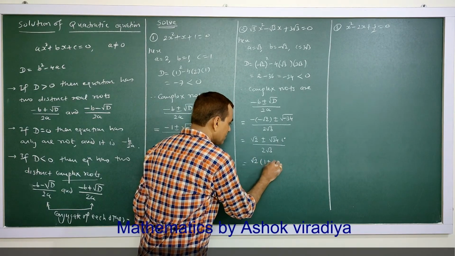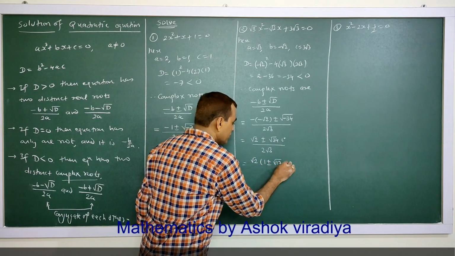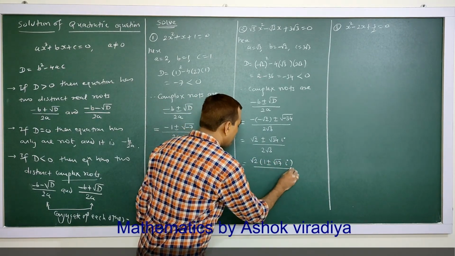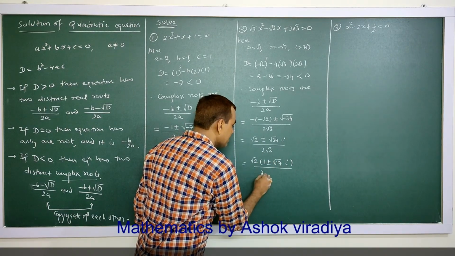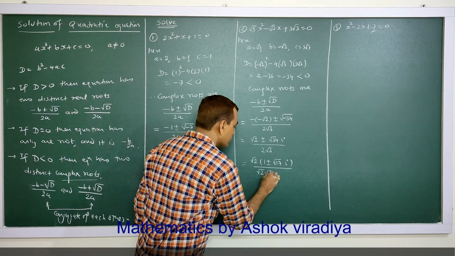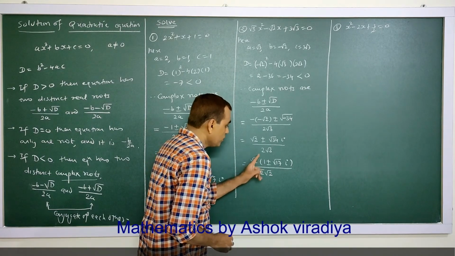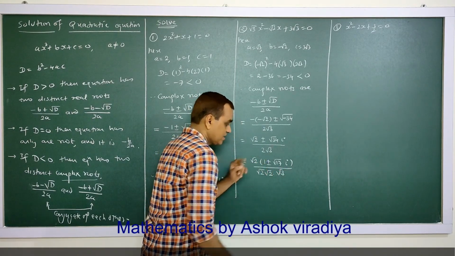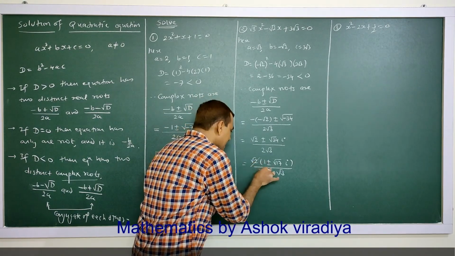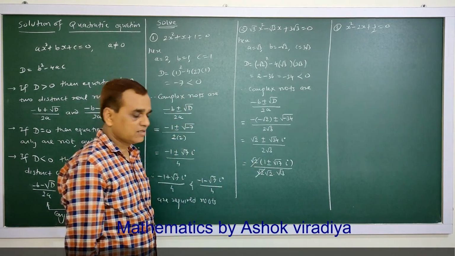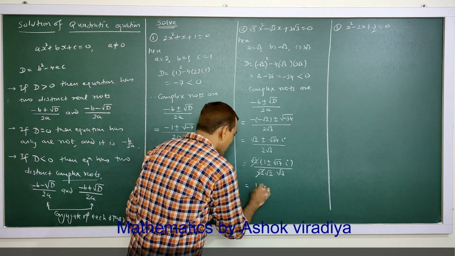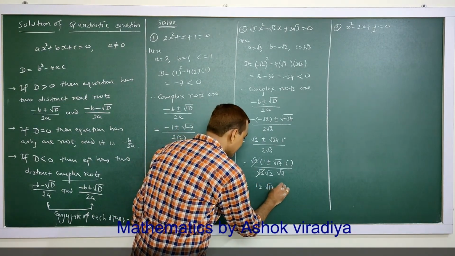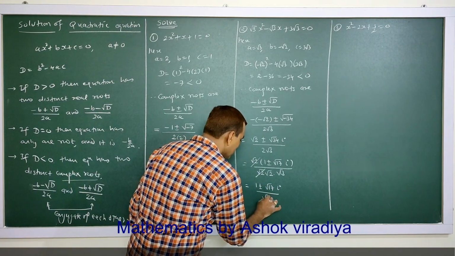So 1 plus or minus √17 i upon this 2, which can be expressed as √2 into √2, and √3 as it is. So this can be cancelled. So it is (1 ± √17 i)/√6.